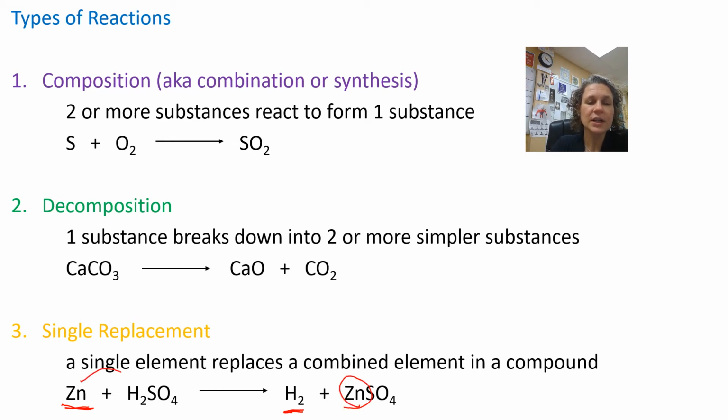So the zinc has basically kicked out the hydrogen and taken its place. So the hydrogen is now the single. When you're looking at reactions, if you see a single element as a reactant and then a different single element as a product, you've got single replacement.